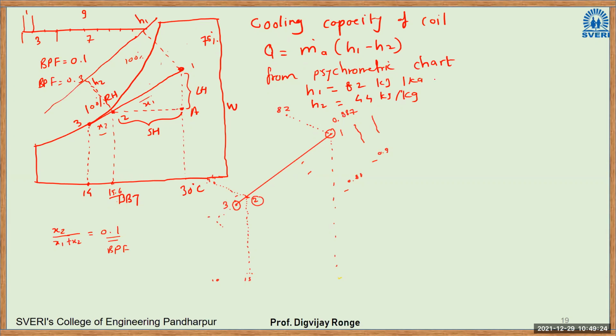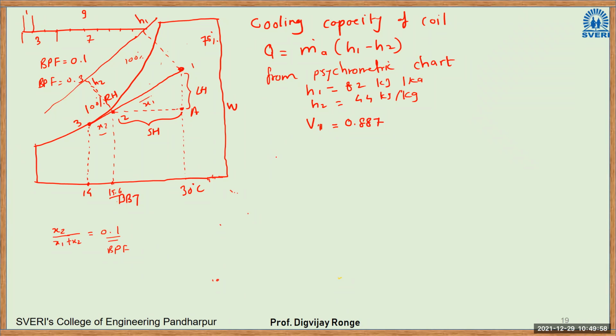Again, I have calculated the specific volume in this case as 0.887. We have taken it from the psychrometric chart, right?